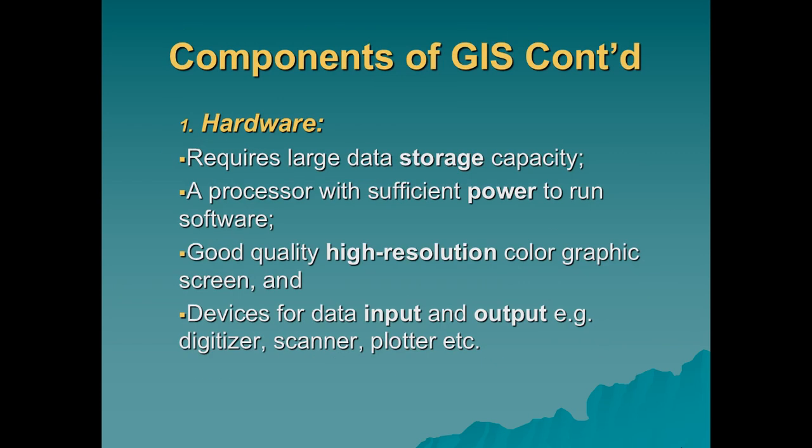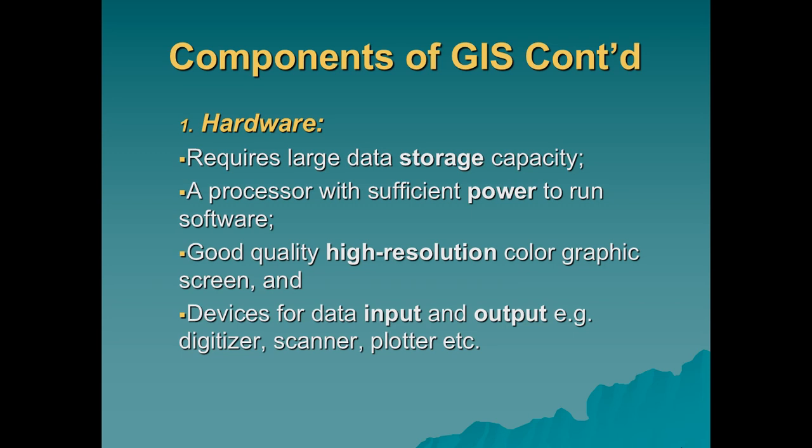When we talk about hardware, we're talking about some of the things that we are most accustomed to with regards to computer hardware. So for GIS, you have to ensure that your computer hardware has sufficient storage capacity and processing power, because GIS software deals with data of a graphic nature.